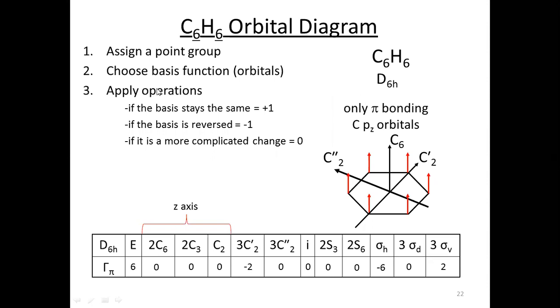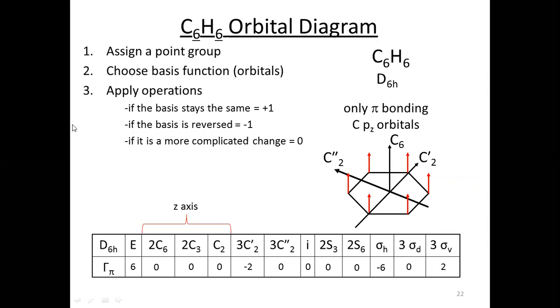Okay. So the second step is to choose the basis function. For the benzene molecule, the basis function that we'll choose is how many pi orbitals are unchanged on applying all the symmetry operations that come under D6h. If this is the case, then we have to form a reducible representation.